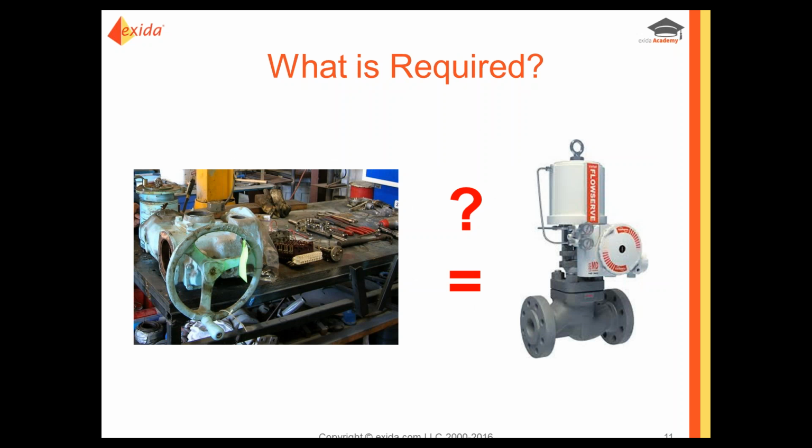So what's really required by the standards, and if we just look at this graphic, is the assembly or the work being done on the left-hand side of the screen equivalent to what might come fully integrated on the right-hand side of the screen. Now, the answer is it absolutely can be equivalent.